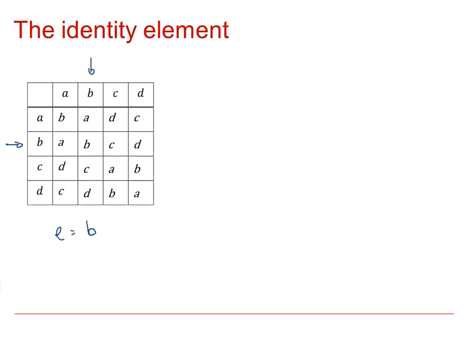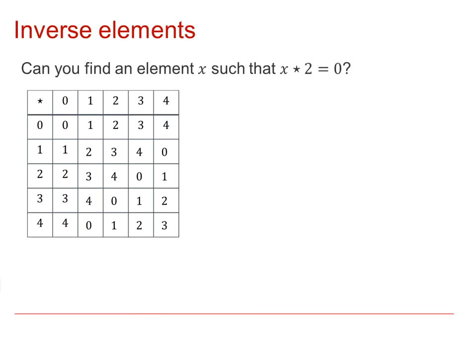Well, once we've got the idea of an identity element, we can go on and discuss what we mean by an inverse. So let's look at this table here. It's asking us, can we find x such that x star 2 is equal to 0? Well, we can look at the table here, and we can see that 2 combined with 3 gives us 0, so that's our identity element. And also, if we looked at it the other way around, 3 combined with 2 is also the identity element.